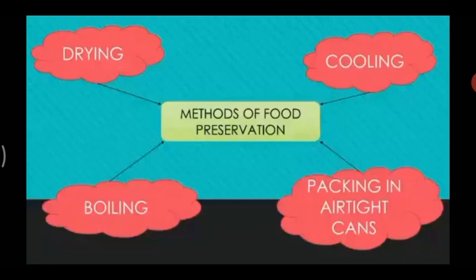Now, there are different methods of food preservation. That is drying, cooling, boiling, packing in airtight cans and using certain preservatives also. So let us see how we can use these methods to preserve the food.